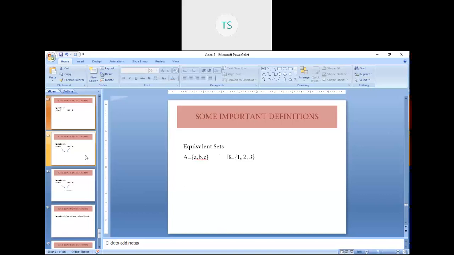What can you say about the sets capital A and capital B? Elements in both sets are different. Yes, the elements are different, but what is common between capital A and capital B? They have the same number of elements.